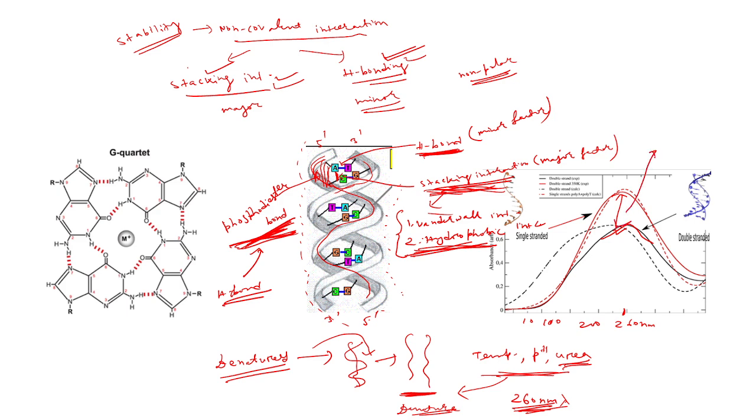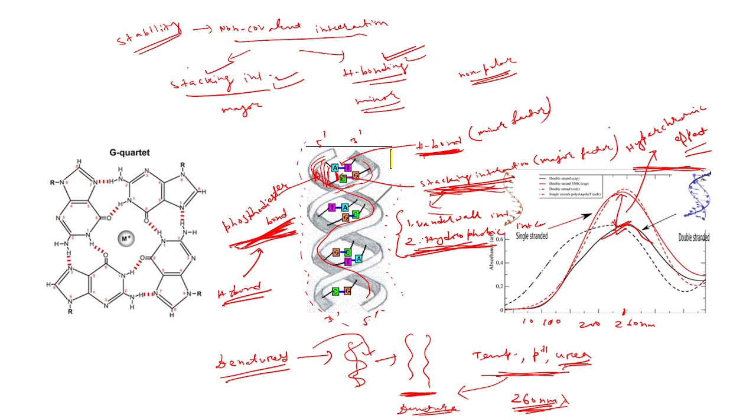This effect is called the hyperchromic effect. So when the DNA is denatured, the absorption maxima increases very much from that of the normal one, and the effect is called the hyperchromic effect.